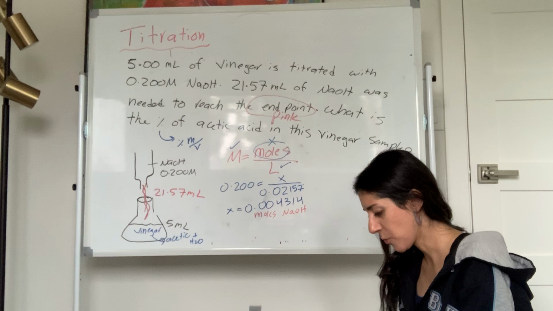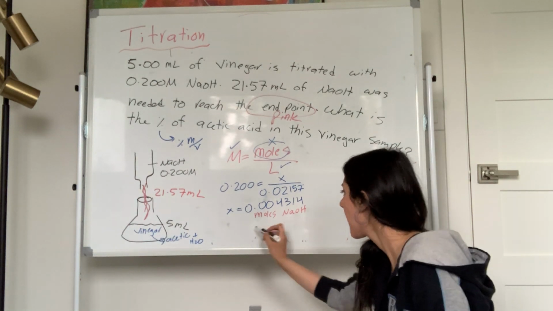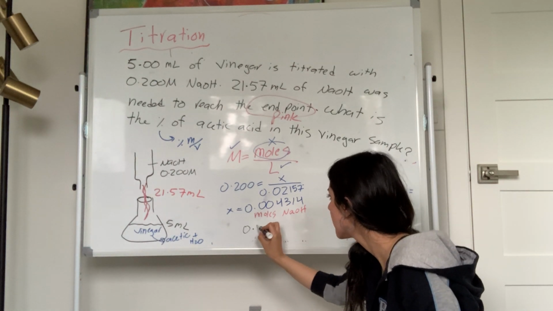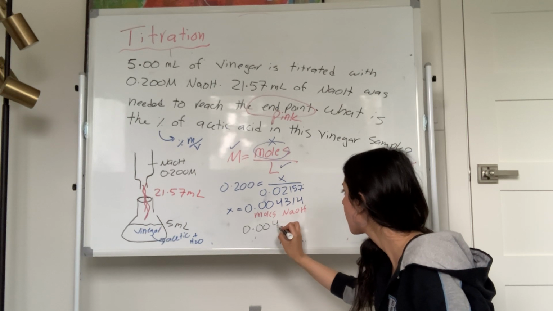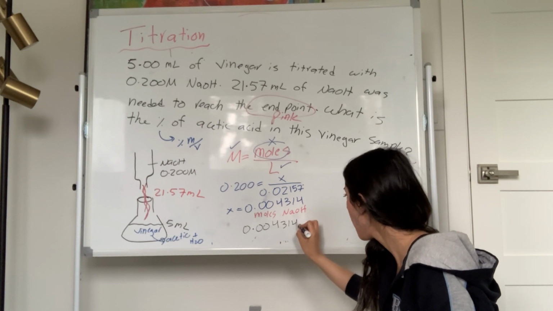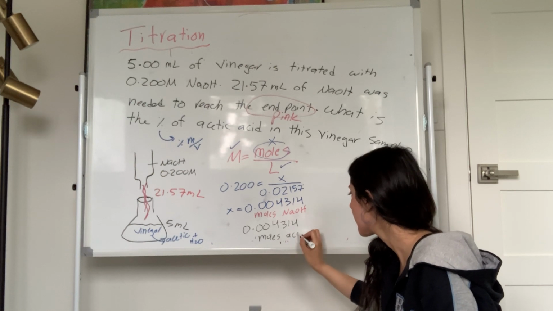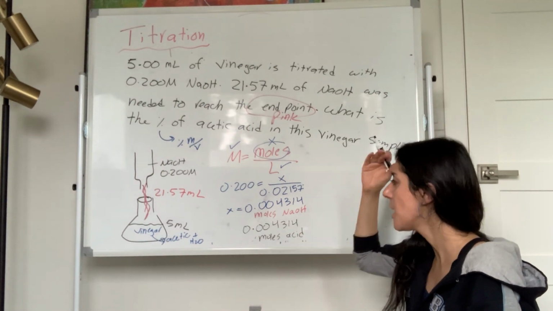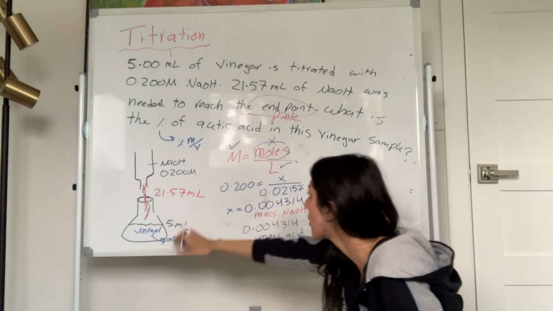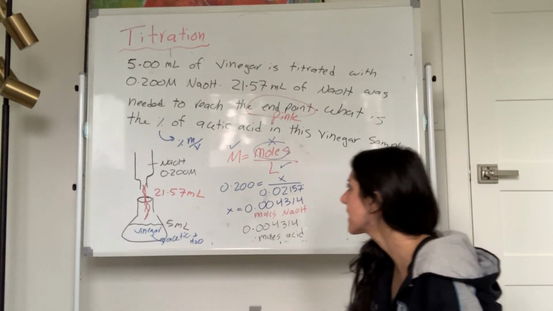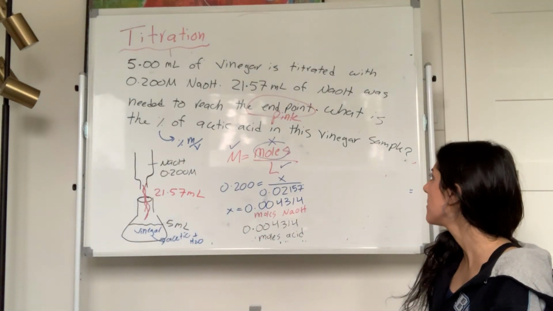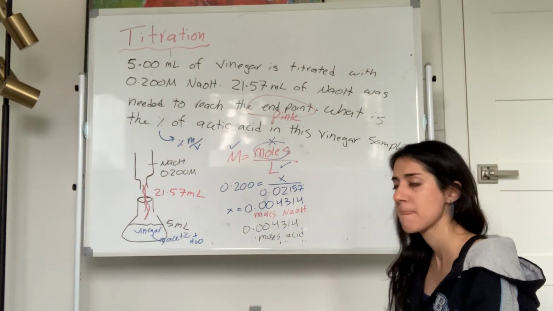Good job. So what that means is I had 0.004314 moles of the acetic acid. Because remember, it's an acid-base titration. I'm trying to figure out how much acetic acid I have in this 5 ml vinegar solution.